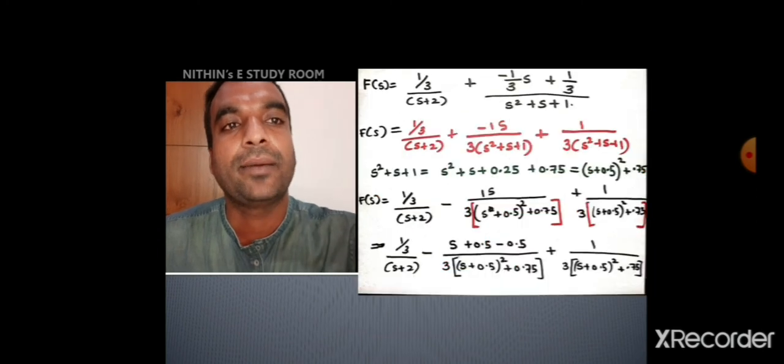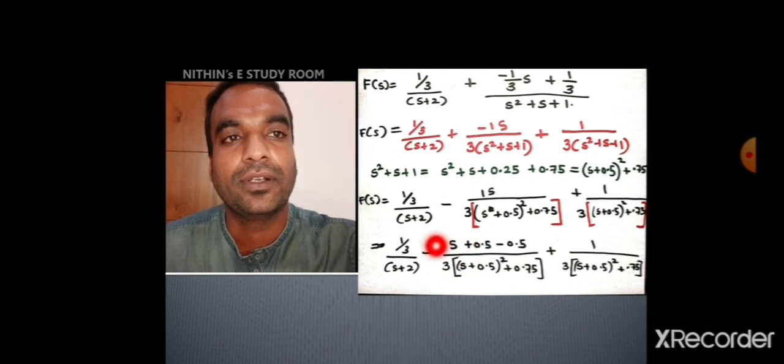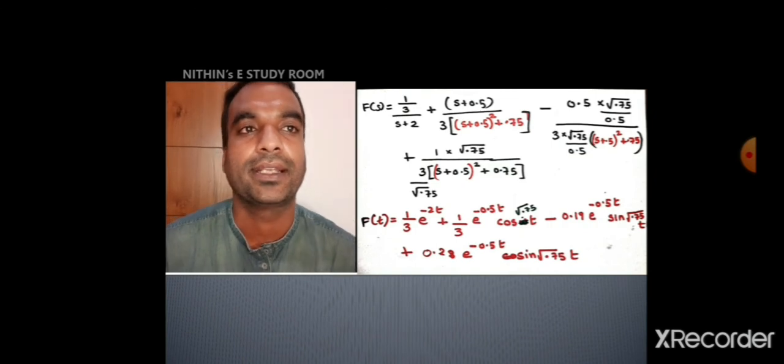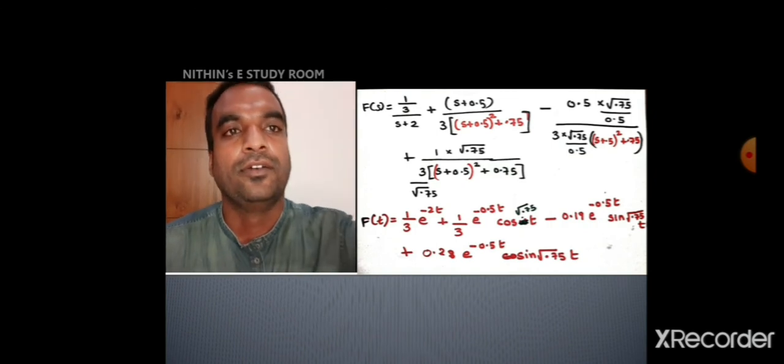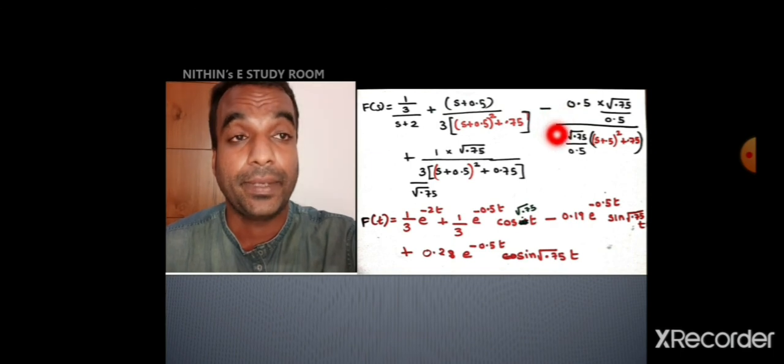In the next step, I am going to split this term into two terms because I need only s plus 0.5 here. This minus 0.5 I don't need. So I am splitting it again. First term, no change. Second term, s plus 0.5 only I have taken. Minus 0.5, I made a new term, minus 0.5 by the denominator.